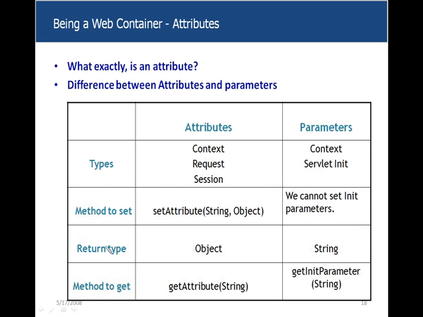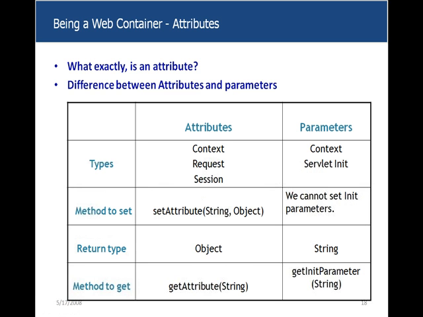Now, the return type of attributes. The return type of an attribute is an object, so you can store any type of object in the attribute, and you retrieve that object from the attribute. Whereas the return type for a parameter is a string, so you can store only strings in a parameter. That's another big difference between attributes and parameters.